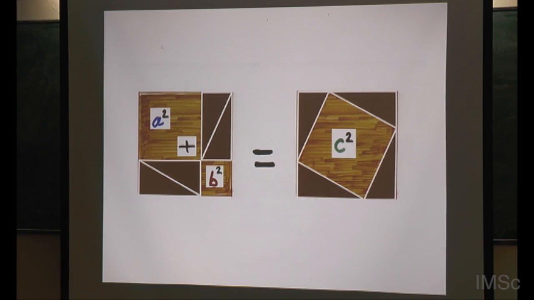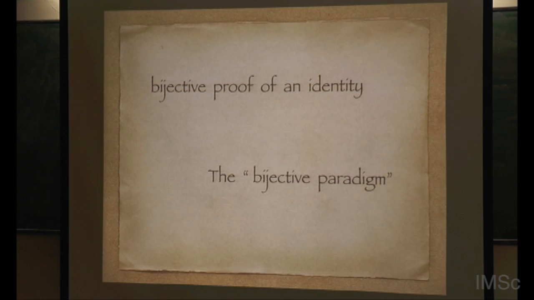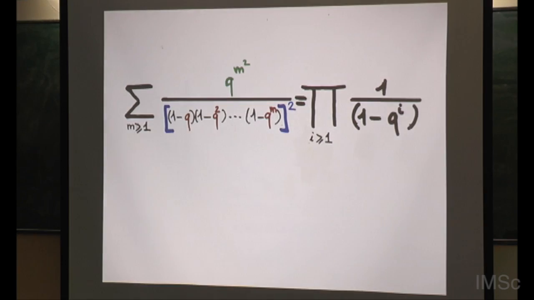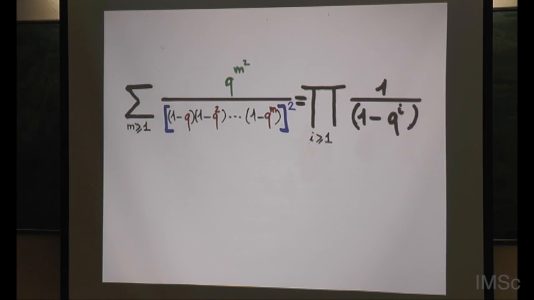Many people in secondary school also do this kind of proof, but maybe nobody believes that some deep identities can also be proved using this kind of thing. Many people think that only easy identities can be done in a visual way, but the philosophy of modern combinatorics is to go much deeper in such proofs. So I will prove this identity in a visual way, by just applying what we know. Here is a beautiful identity.